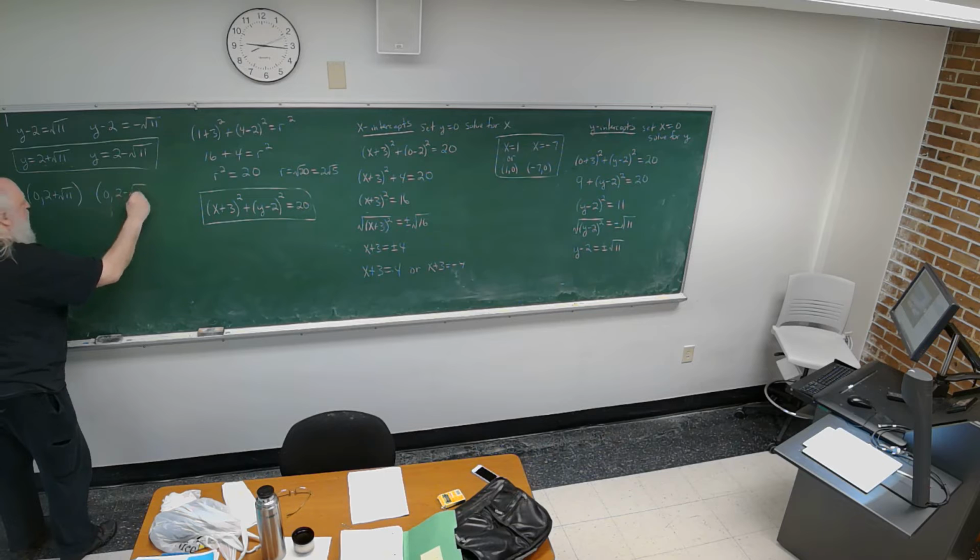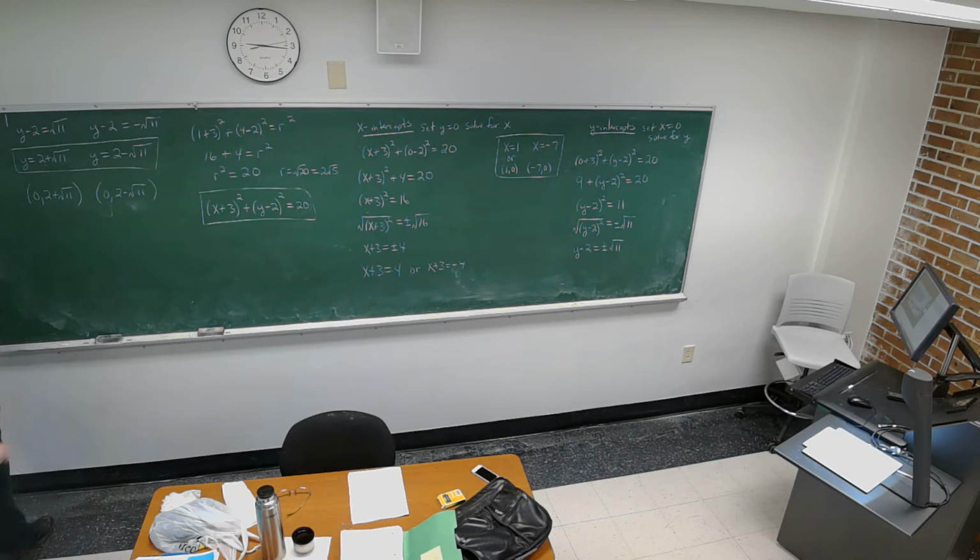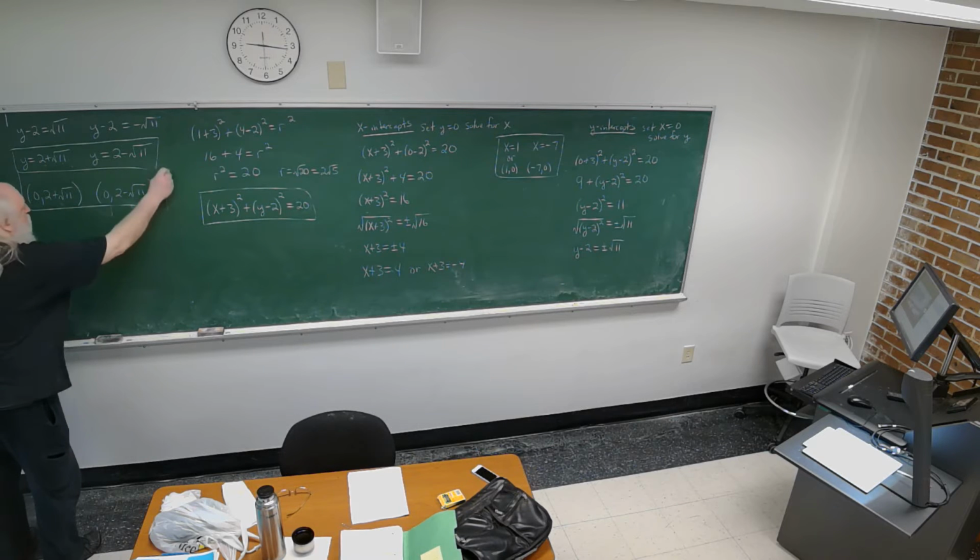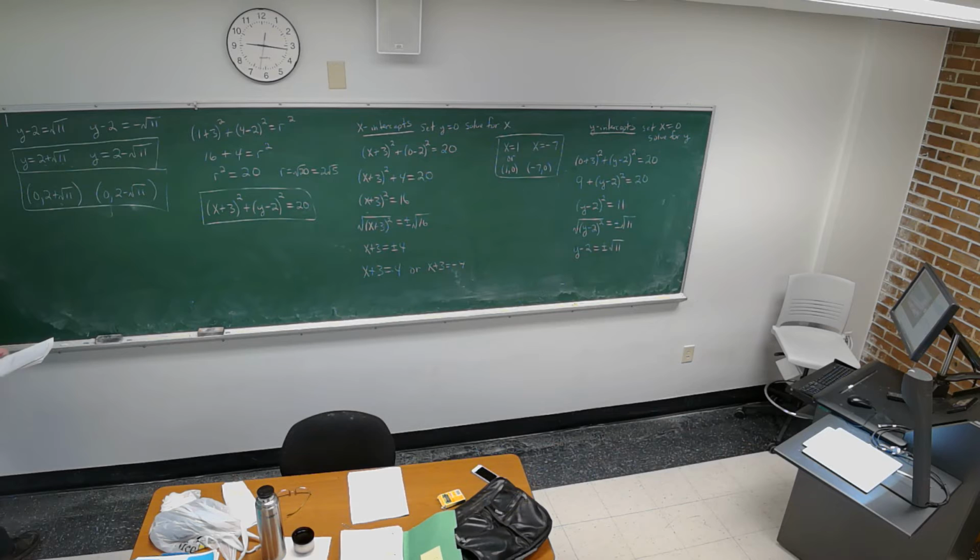That's how you may have to enter it in WebAssign. It's an ordered pair. The x coordinate is 0, the y coordinate is either 2 plus root 11 or 2 minus root 11. Okay. So those are the y-intercepts.